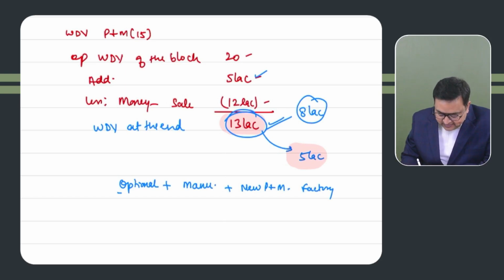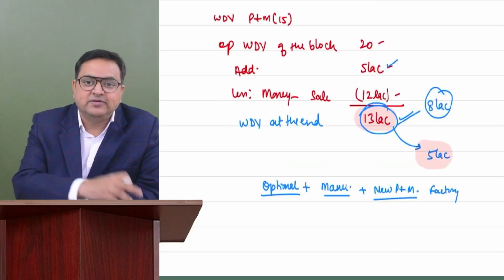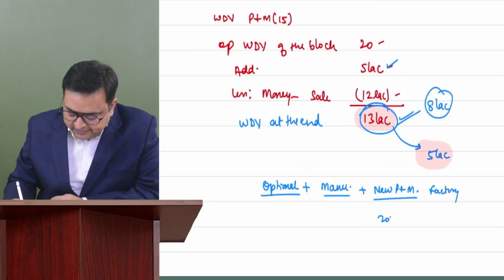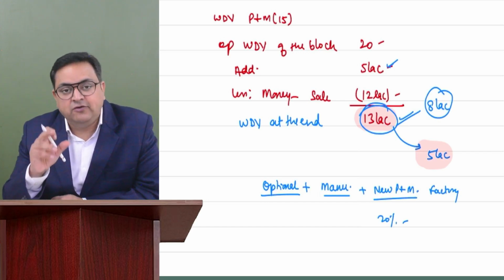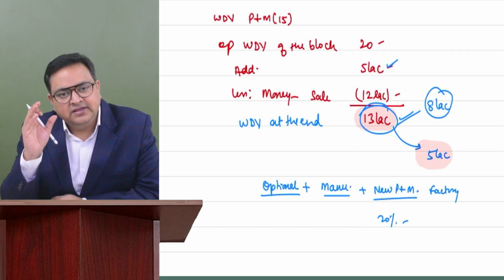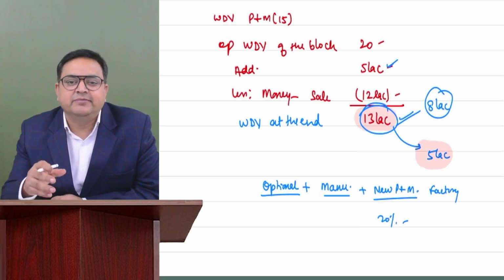Then there would be additional depreciation also. And how much is the additional depreciation? Of the actual cost, 20% is the additional depreciation, right? And if the asset is put to use for less than 180 days, then 10% this year and 10% in the next year. So please remember there's an additional depreciation also.